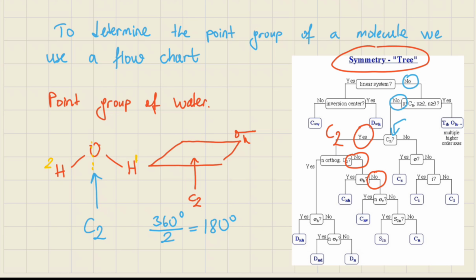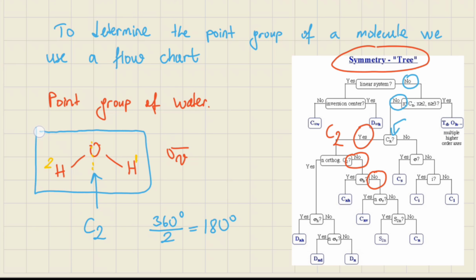I showed it a few minutes ago, and we have a sigma v, since, for instance, if you think of the plane that includes the C2, and this is just a mirror, and you apply it, you will obtain the same water molecule. So we have a sigma v. The answer is yes.